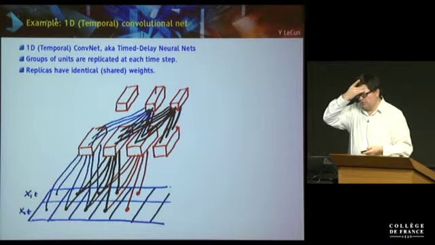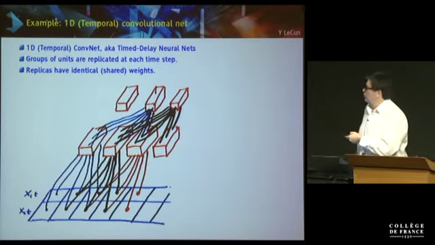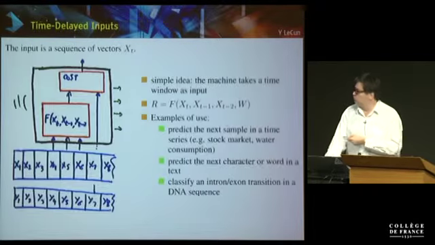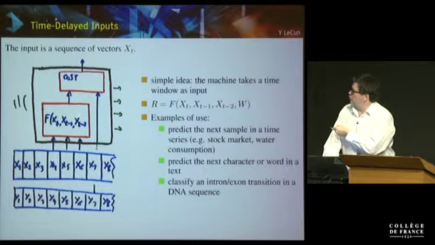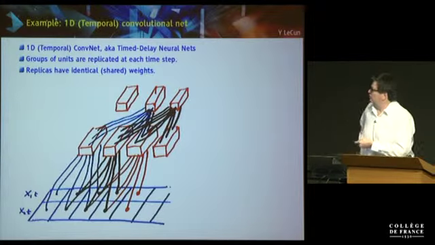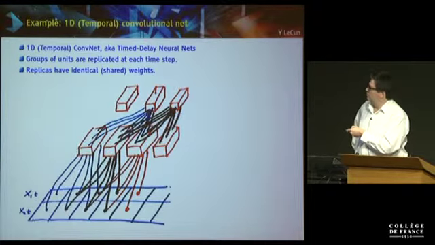Let us move on to the idea of convolutional networks. Instead of seeing this network as just one sample looking at a window, we try to look at several copies of this network at different moments. Here's a representation.